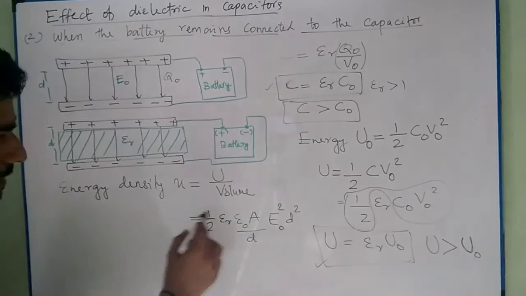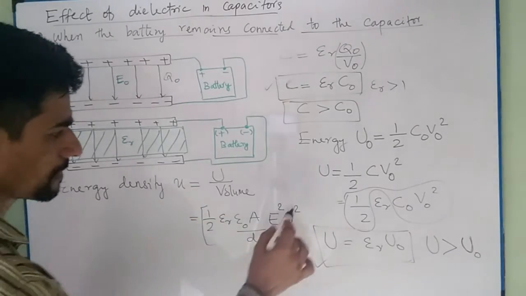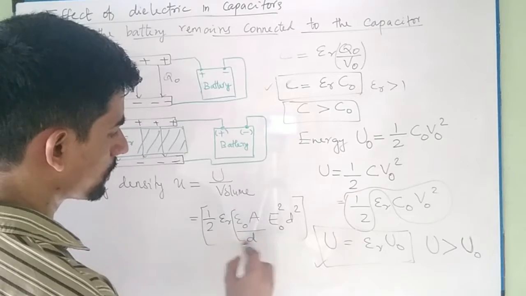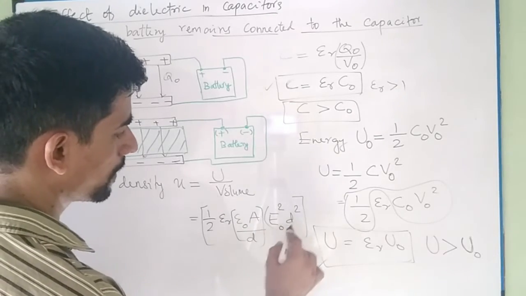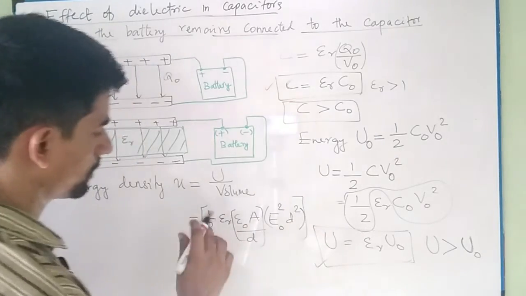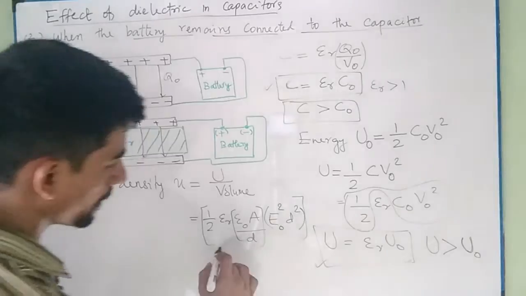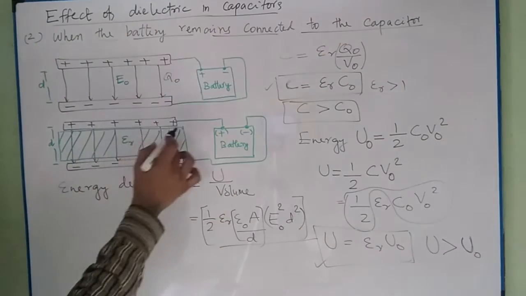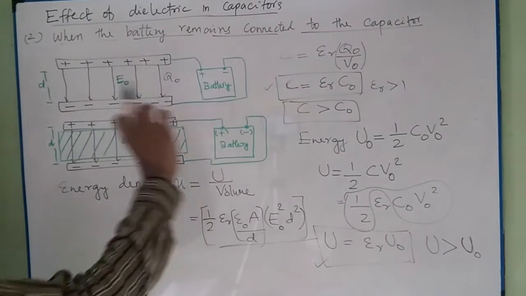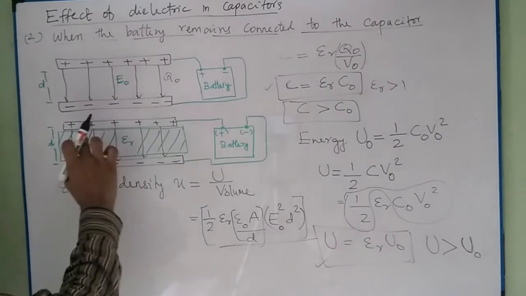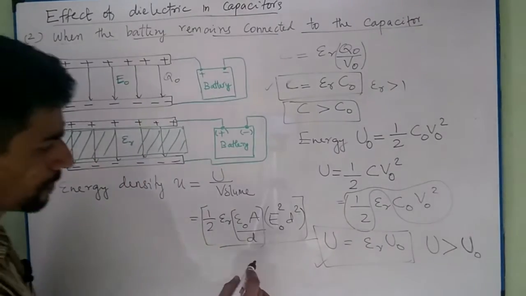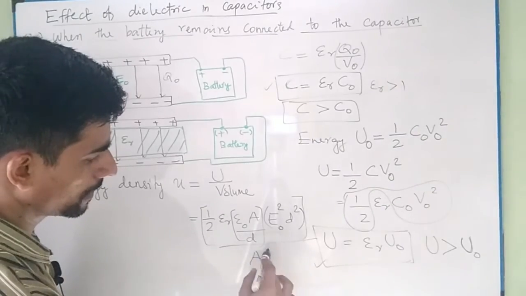This is the actual expression for energy, substituting the values of C0 and V0, divided by volume. What is the volume of the dielectric? Area times distance between the plates, A into D.